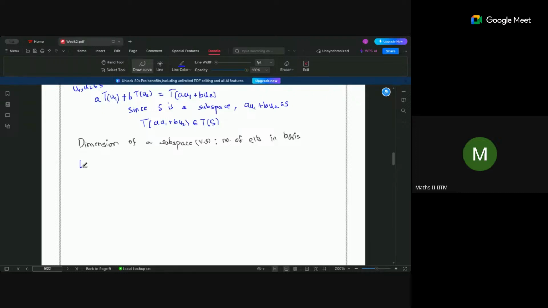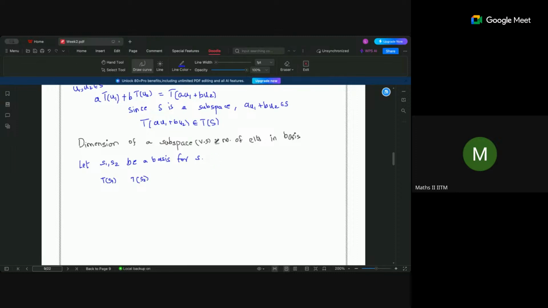So let S1 and S2 be a basis for S. Then what will happen to T of S1 and T of S2?